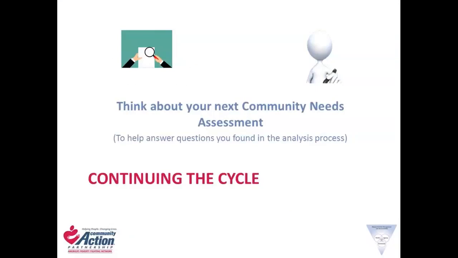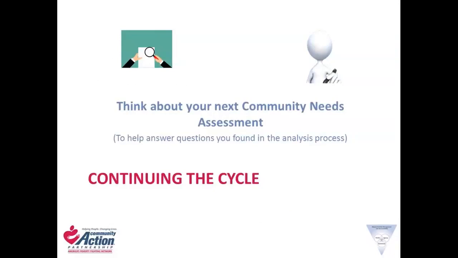So at this point in the cycle, we really want to stress the importance of the cyclical nature of this process of ROMA. Now that you've got some analysis happening of the data, you've answered some questions, you probably have more questions now. What new information do you need to get?